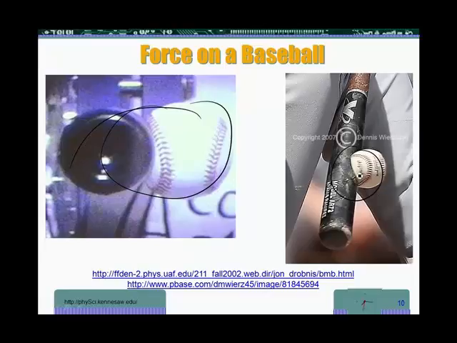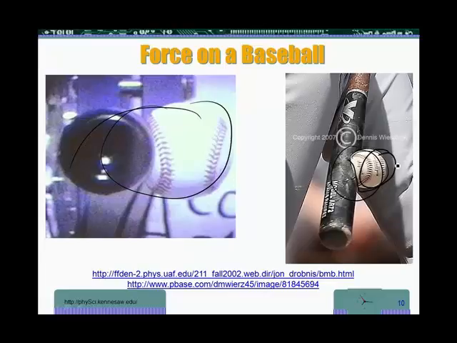So in this particular case, we have a ball coming from this shape to the shape that we are seeing here, and then it's going to go from this shape back to the other shape.